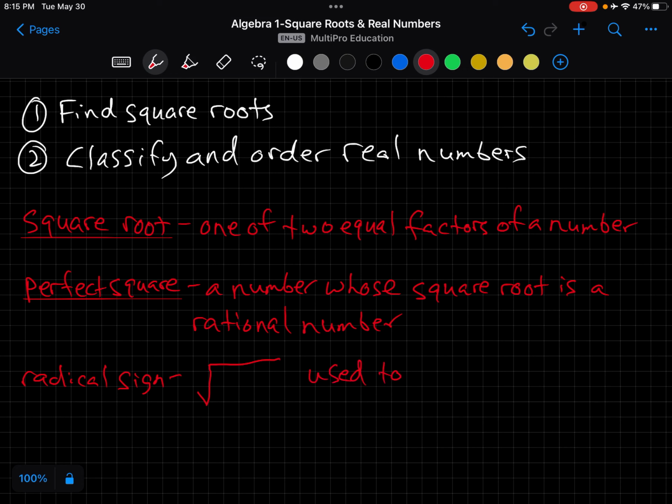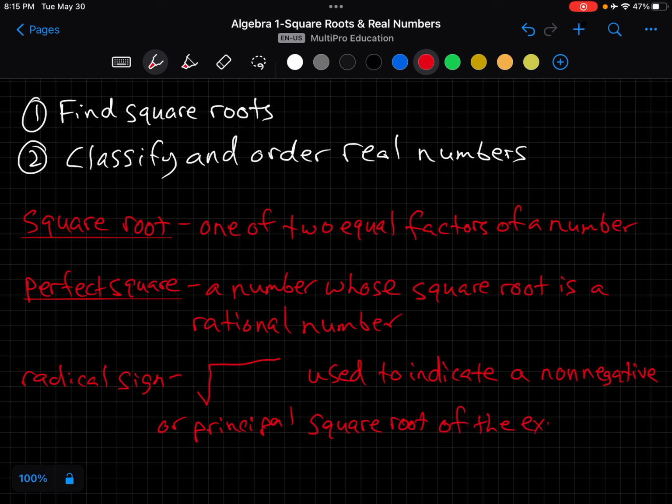Well, it's used to indicate a non-negative or principal square root of the expression.